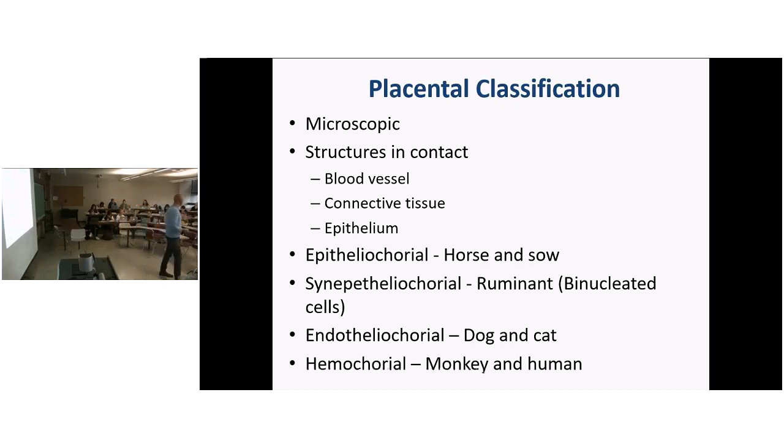The other one is the ability to have larger molecules passing through. Okay, so which one of those would be easier to pass molecules? The one with more barriers or the one with less barriers? The one with less, okay?